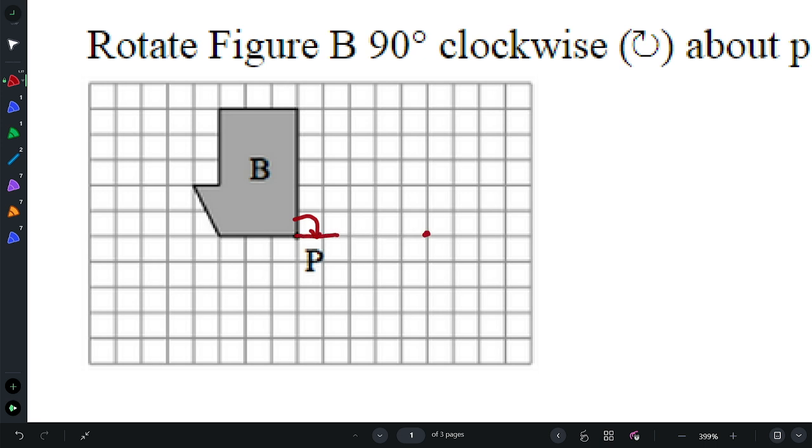Got it. And then this was 3 tall, so it'll be 3 tall. And then it was 3 this way. And then I'm calling this the nose. And then it's going to go back to here and to here. So if I was to take that original shape and rotate it 90 degrees around point P, that's where that would land.